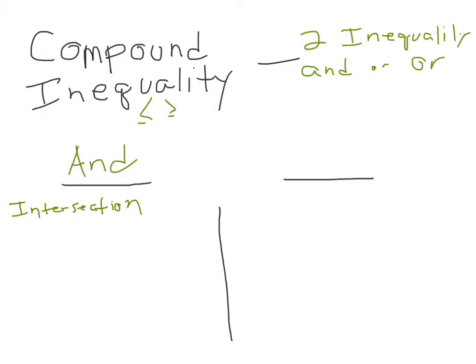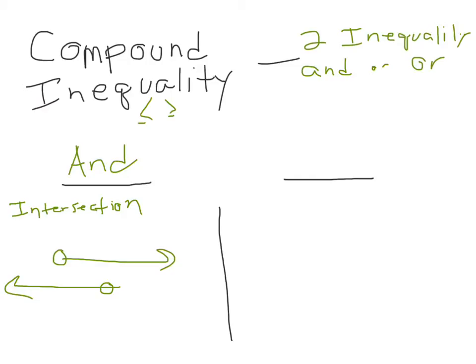And what I mean by that is the full solution to an and inequality are the solutions to the two separate inequalities that actually overlap. So as we did before, we graphed the inequality solutions, and so the graph for one of those might look like this. And so what we might do is say, okay, here's the solution for one of the inequalities, and the other one looks like this.